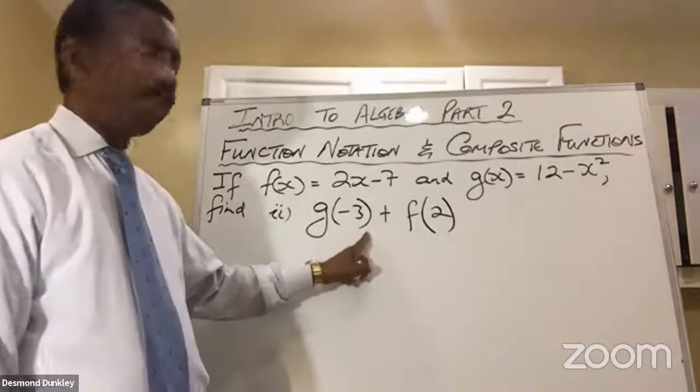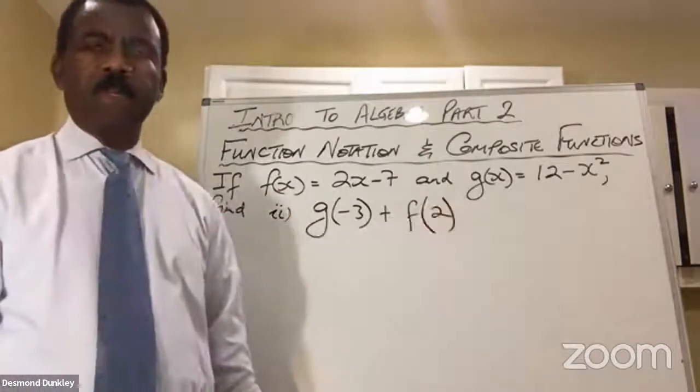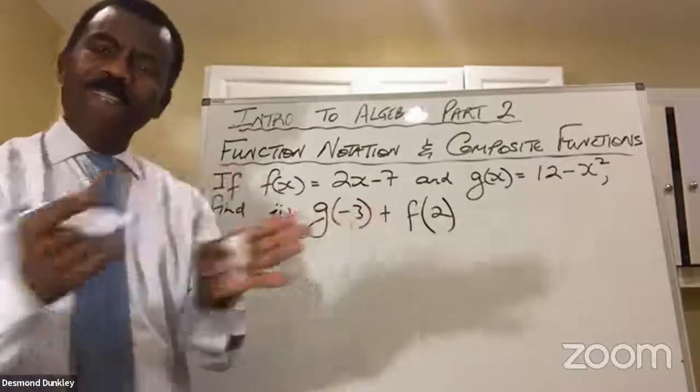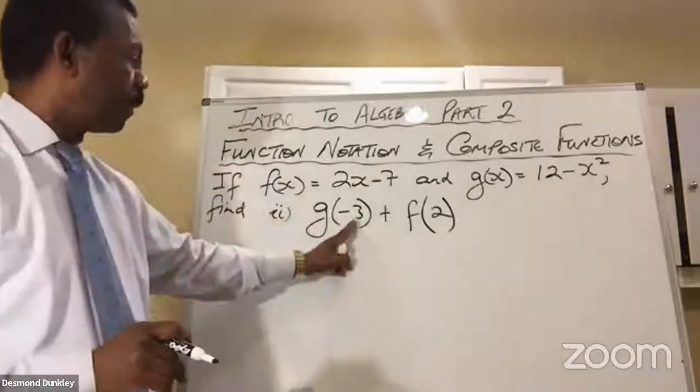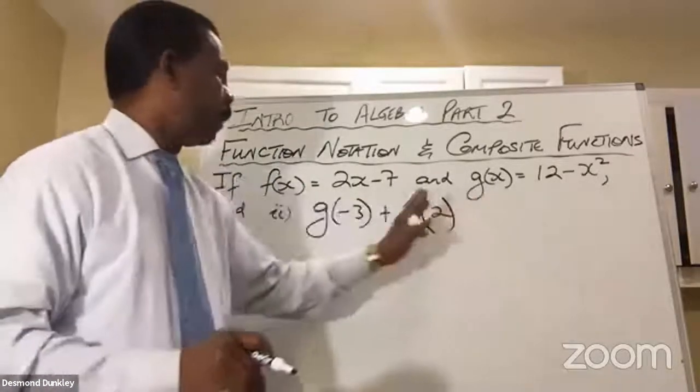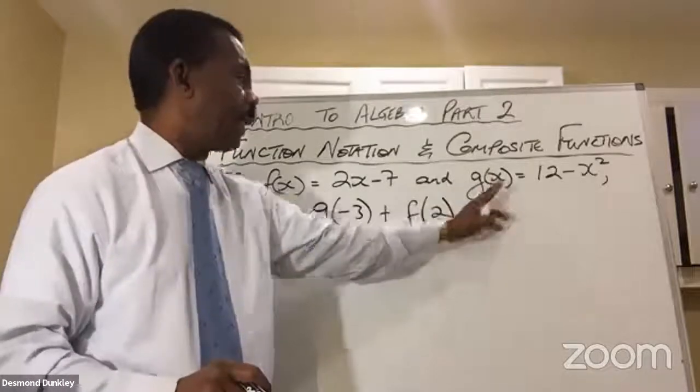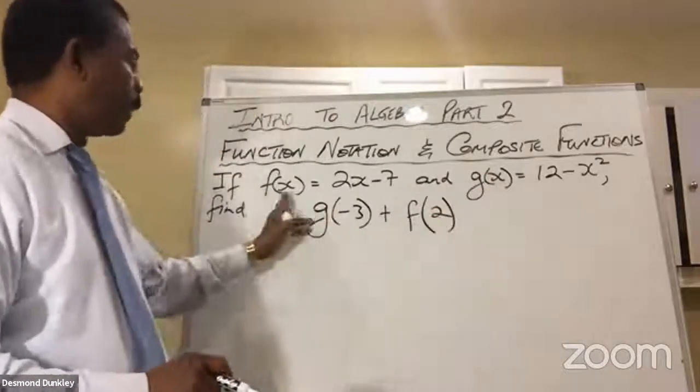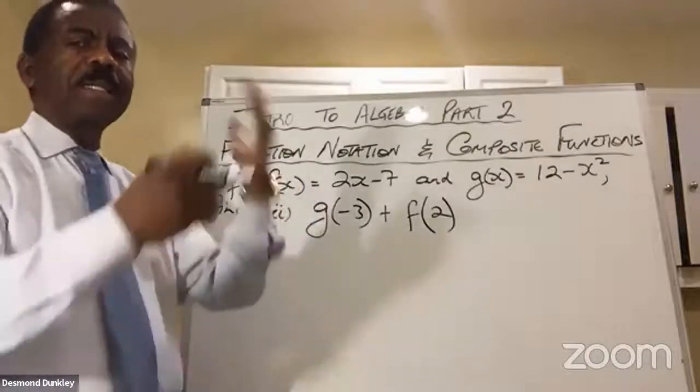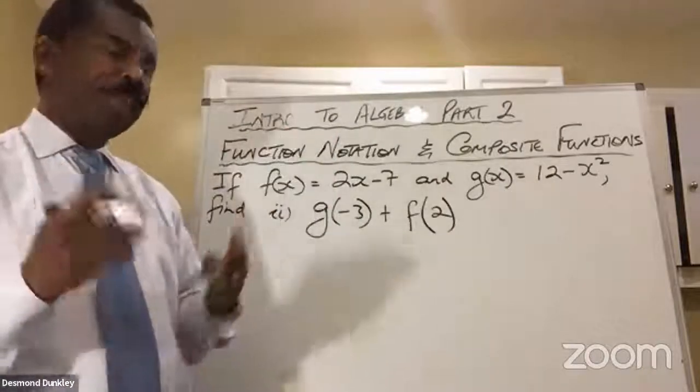Find G of -3 plus F of 2. Again, substitution. Plug in for X wherever you see X, put -3 for this function, put 2 for that function, evaluate, get your answer.